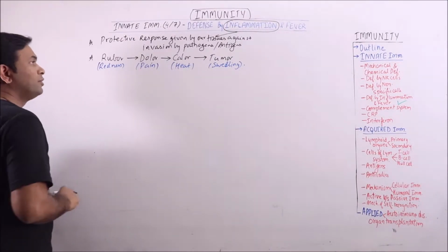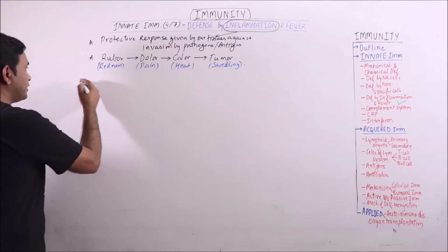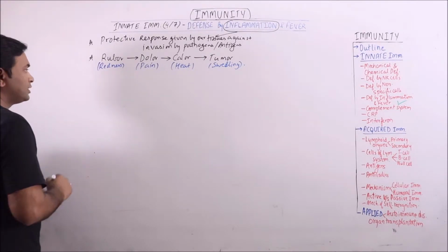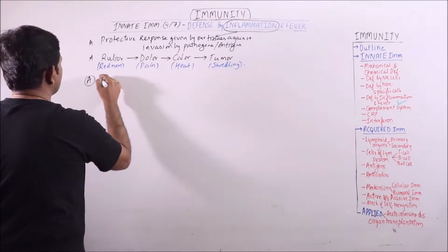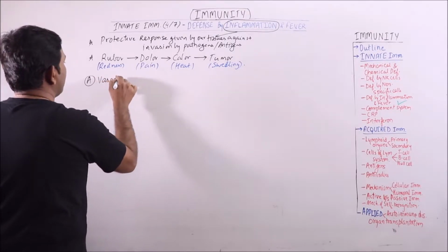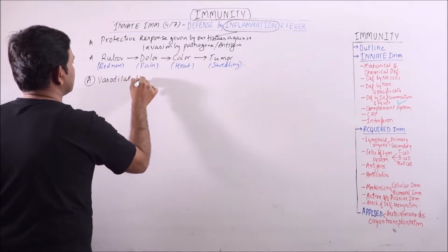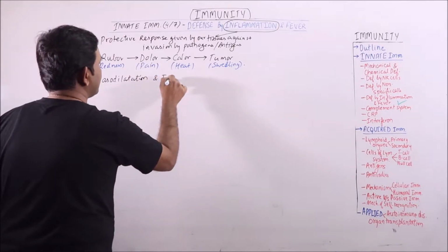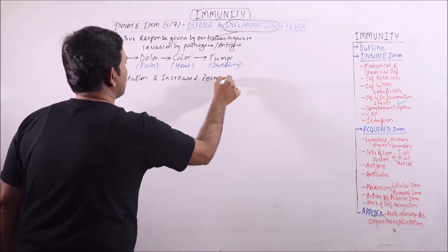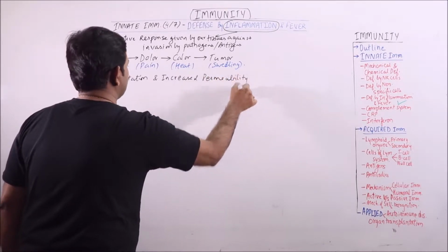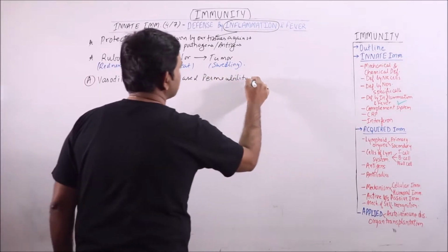Now, how is this inflammatory response mediated? It will occur in 3 steps. First one is vasodilatation and increased permeability of blood vessels.